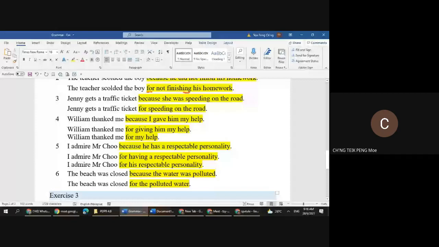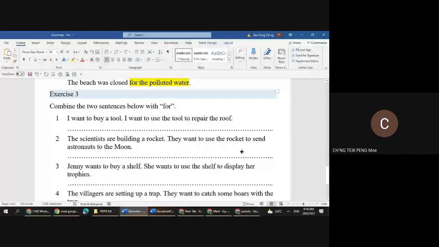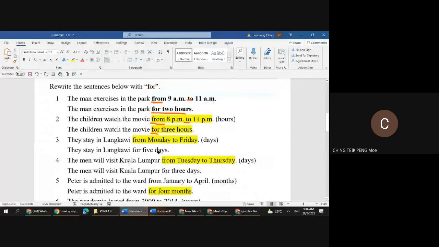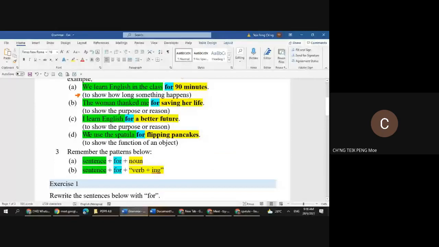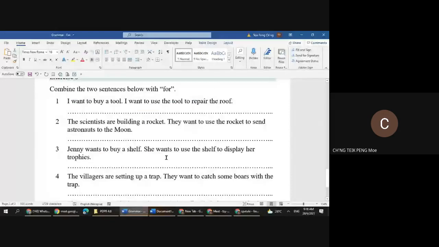Okay. Now look at exercise number 3, okay? Exercise number 3, we are going to use for to talk about the function of an object, okay? Fungsi sesuatu object. Look at question number 1. I want to buy a tool, okay? A tool maksudnya alat.